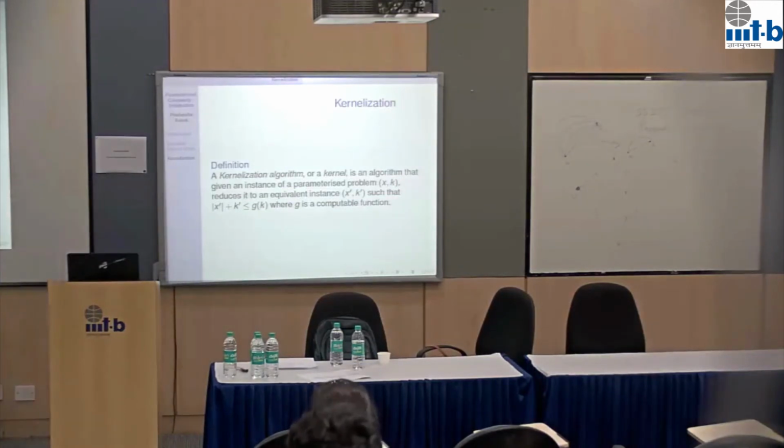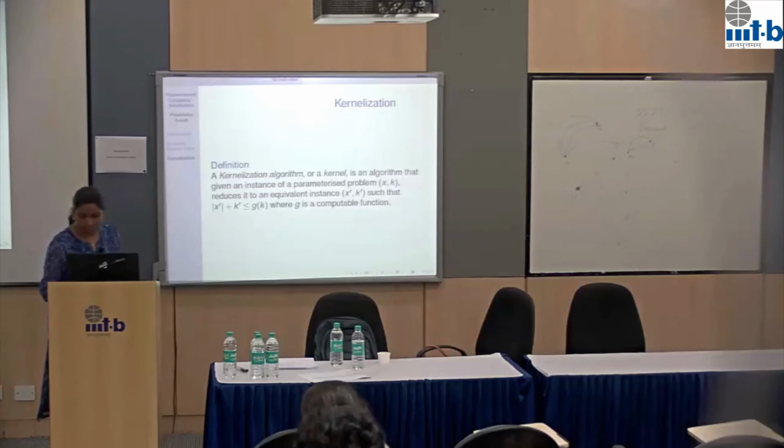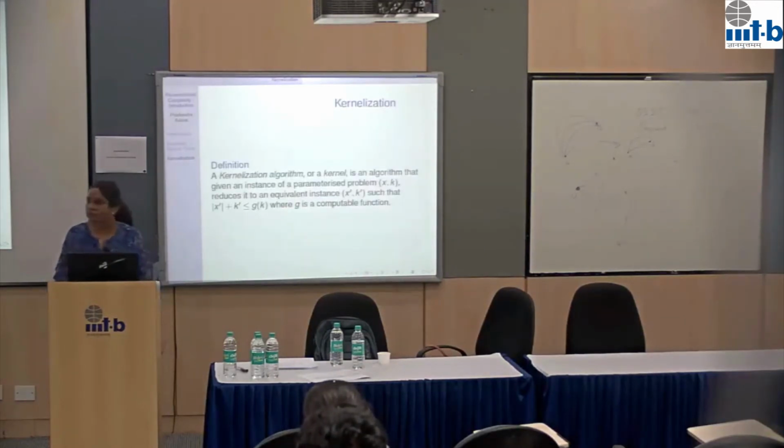Depending on the value of g, which is known as the size of the kernel, for example if g is a polynomial function, we say that the parameterized problem admits a polynomial kernel. If it's exponential, then we say that it admits an exponential kernel. Okay. So is the definition clear?